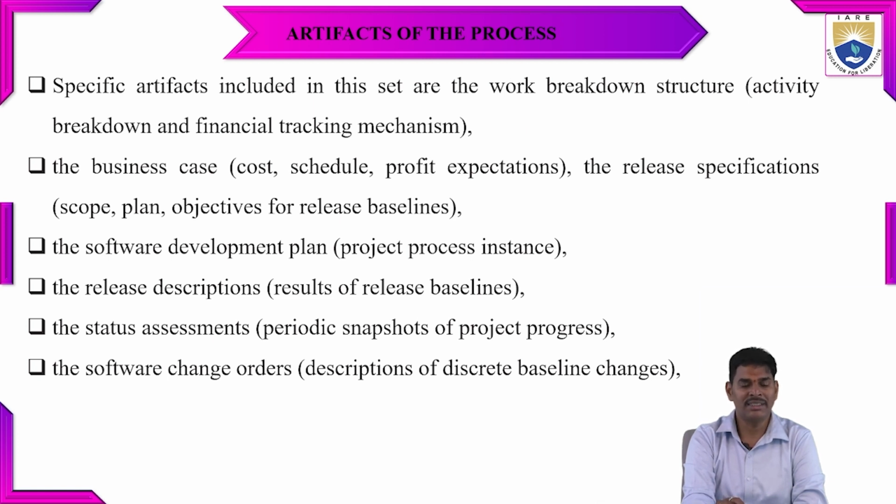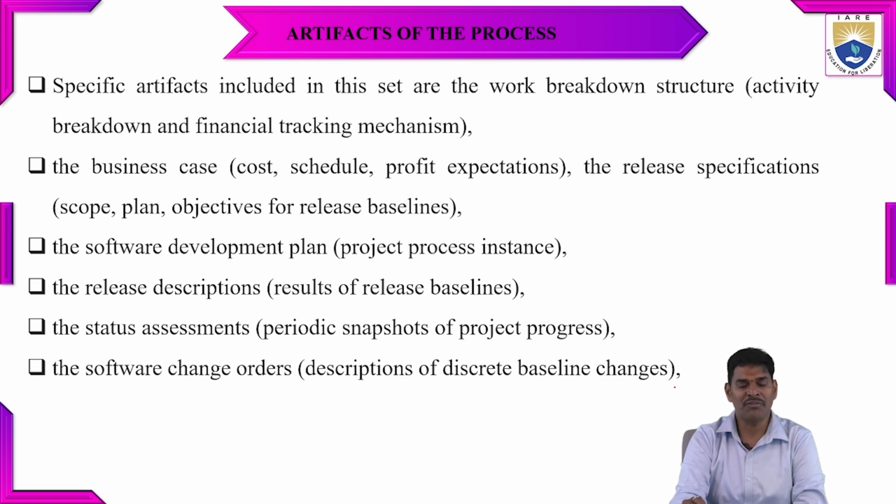The next one is the software development plan. In the software development plan, they need to check the project process instance and the project description. The results are released baselines, and they need to verify the status assessment, like taking periodic snapshots of the project progress.